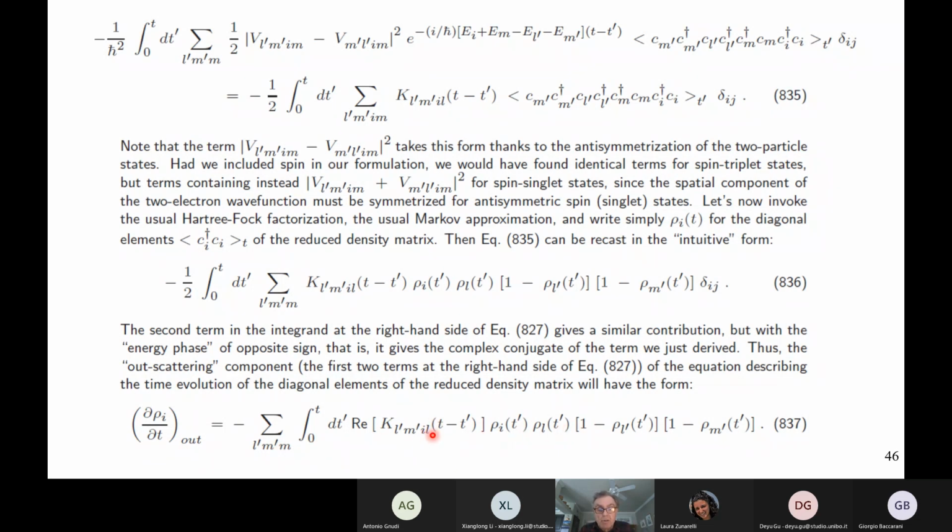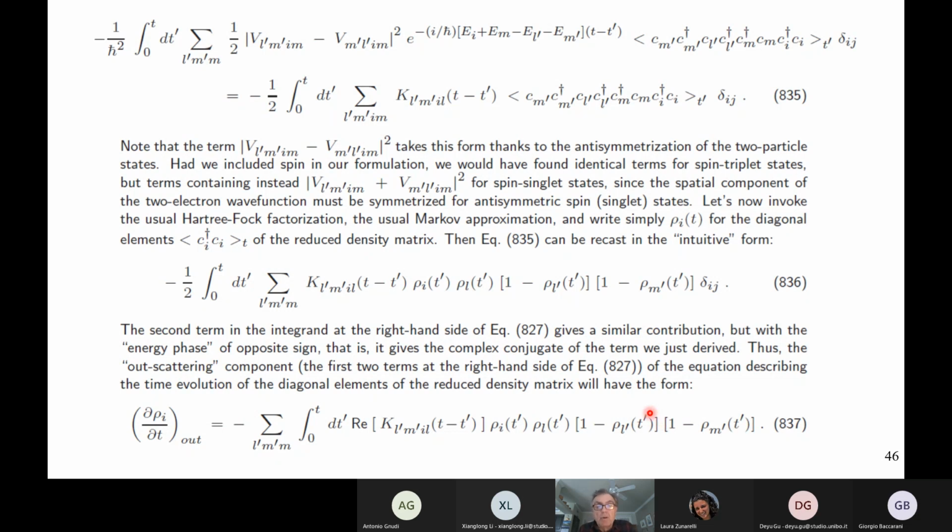And we have a scattering rate, which involves a pair of electrons in states I and L scattering to states L prime and N prime, and these are the usual density factors. So it's proportional to the number of electrons that I have in initial states I and L, and then, of course, I can scatter to states L prime, N prime, as long as these states are available.